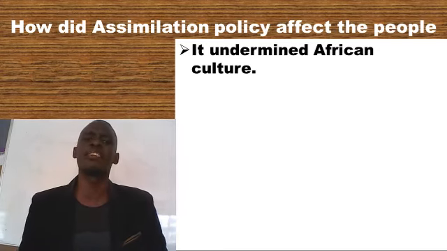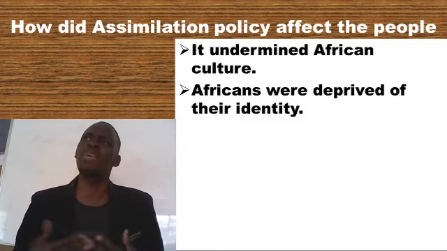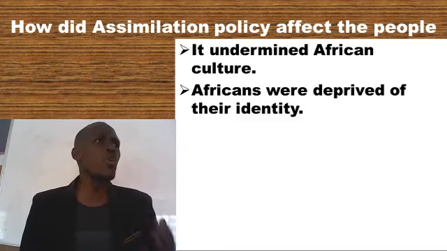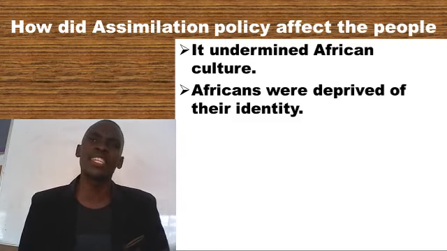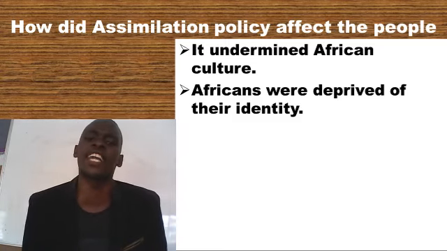We lost it, therefore, because of the introduction of French culture as a result of assimilation policy. Number two, boys and girls, Africans were deprived of their identity. Now, when you start behaving like someone, you lose your original identity. So when Africans started behaving like the French, they surely lost their African identity.